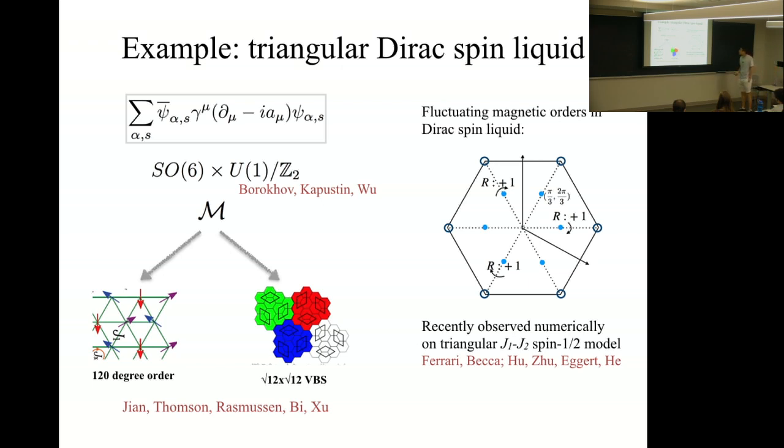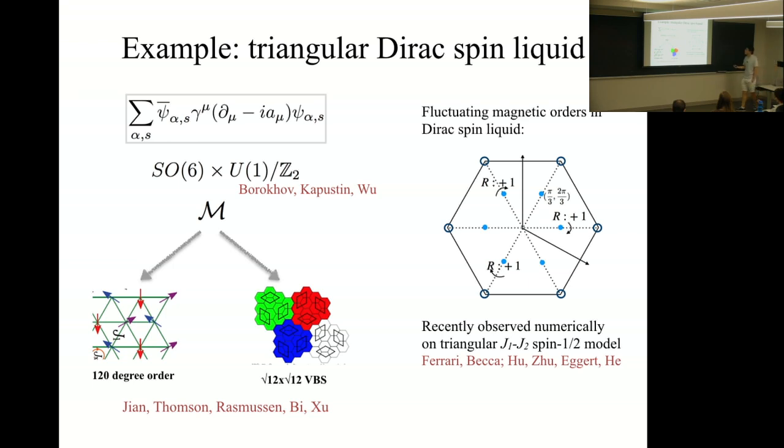So they have some fingerprint in things like correlation functions or scattering. When you do scattering and so on, you can try to measure them. Well, they haven't been measured in a real scattering experiment, but they have been measured in a numerical experiment. So there has been a study on the triangular lattice J1, J2 spin half model that is more or less known to be a spin liquid.